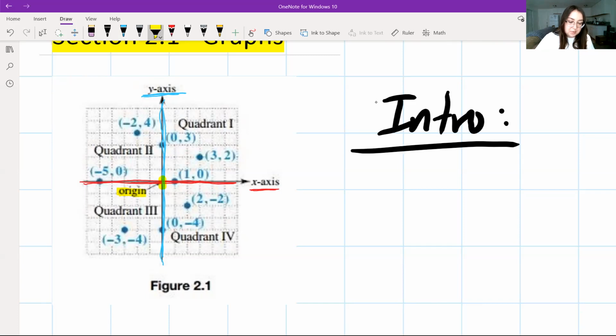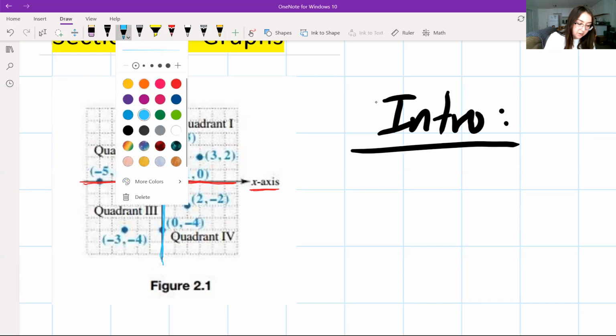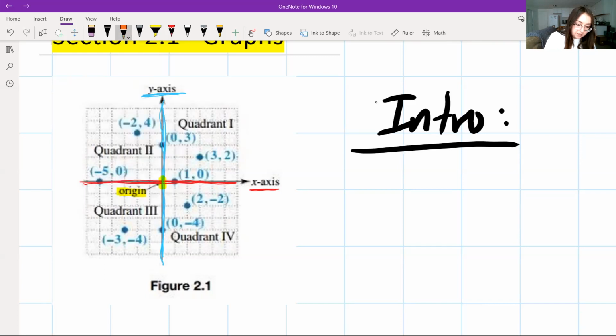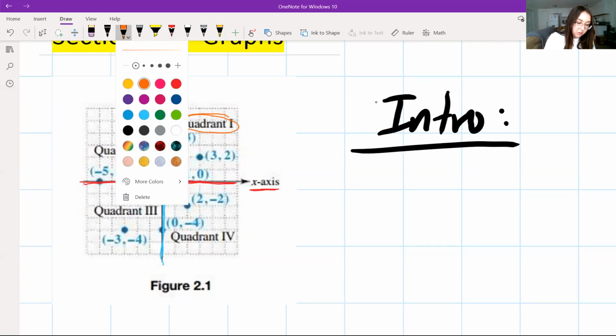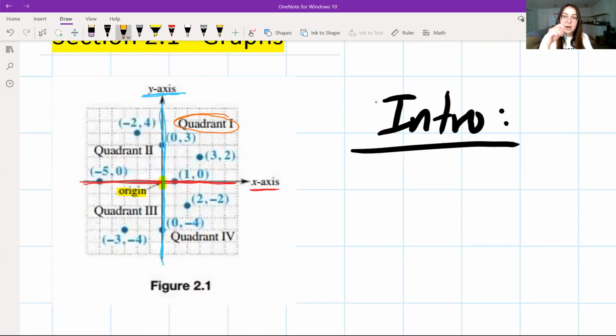And each one of these points belongs to a quadrant. If we're looking at this picture, we see that quadrant 1 is in the top right-hand corner. So this is quadrant 1. And there are going to be 4 quadrants, and when we count them, we go counterclockwise.